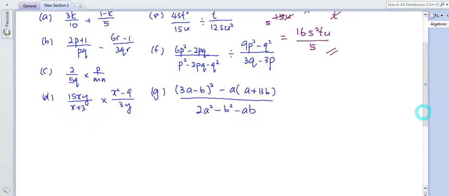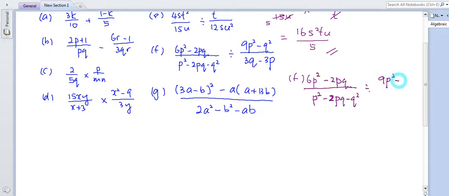Let's go to part F. 6p squared minus 2pq over p squared minus 2pq plus q squared, divided by 9p squared minus q squared over 3q minus 3p.